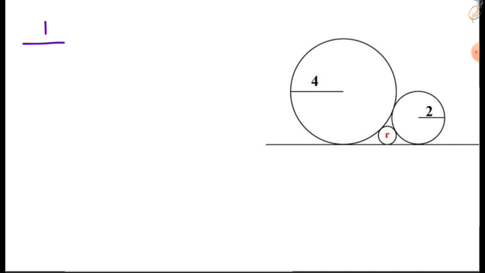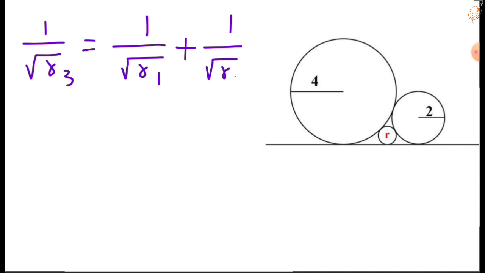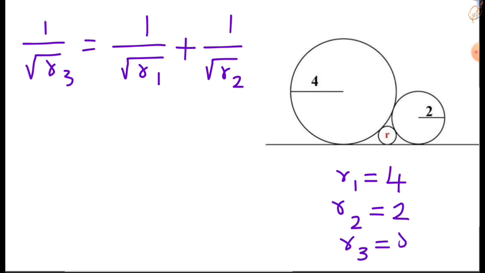So what is our relation between the three circles? 1 by square root of R3 is equal to 1 by square root of R1 plus 1 by square root of R2. In the circle, R1 is the first circle that has radius 4 units. In the second circle, R2, the radius is 2 units. R3 we don't know, we need to find this.